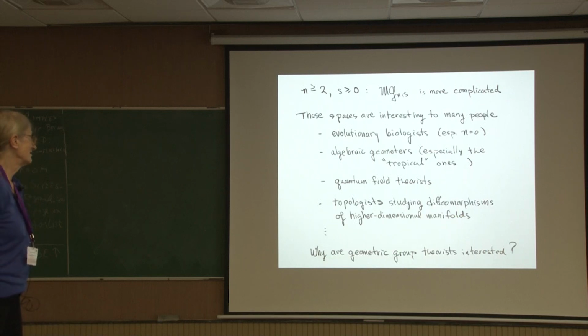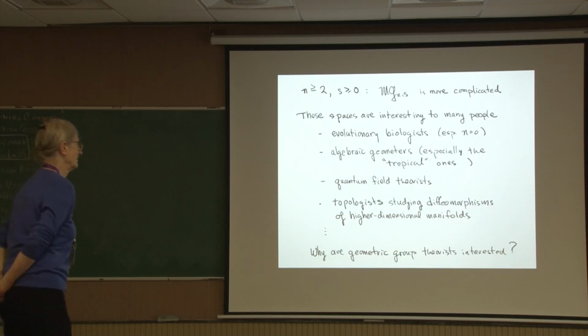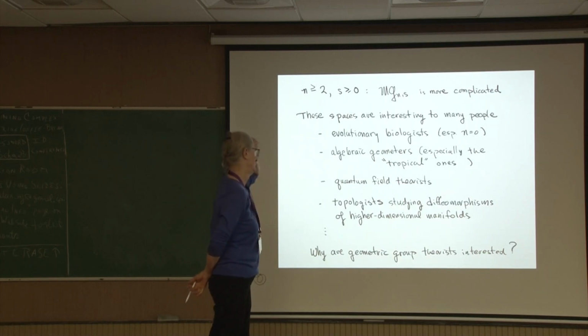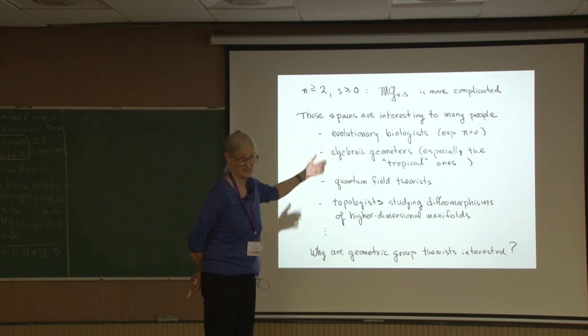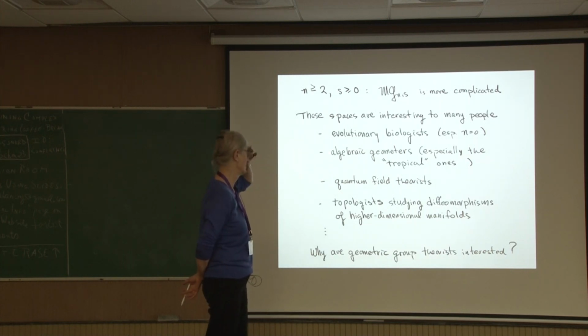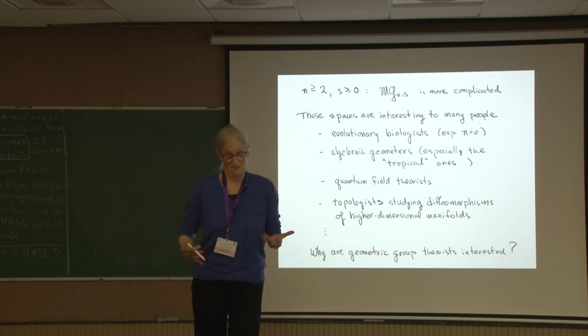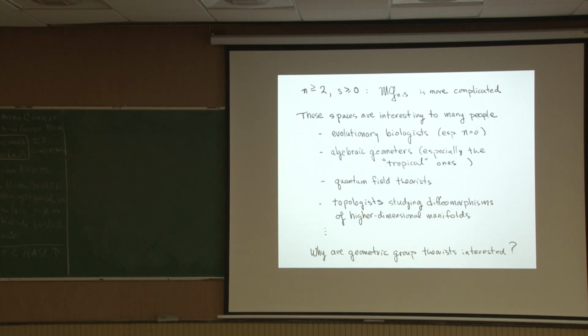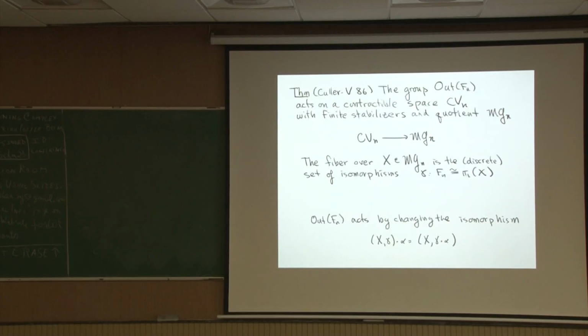There's a certain Lie algebra attached to that which comes up in various guises, including as a chain complex for this space. But this is supposed to be a geometric group theory, at least partly, conference. And so the question is, why would geometric group theorists be interested in this space?